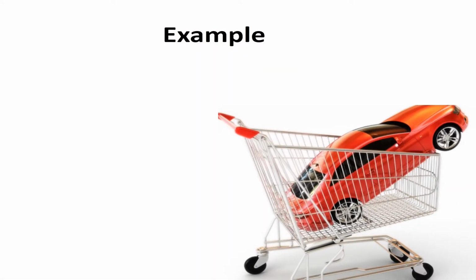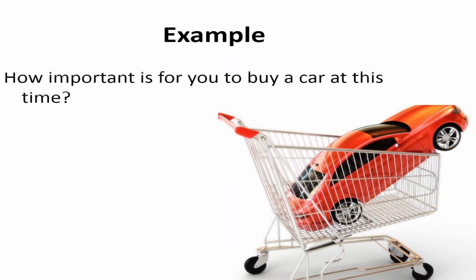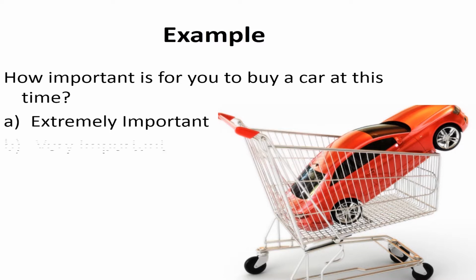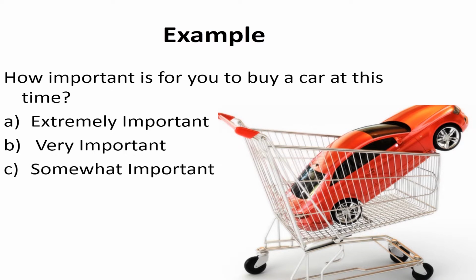An example of a multiple choice question is, how important is for you to buy a car at this time? And the options for the answers are A. Extremely important, B. Very important, C. Somewhat important, D. Not important.